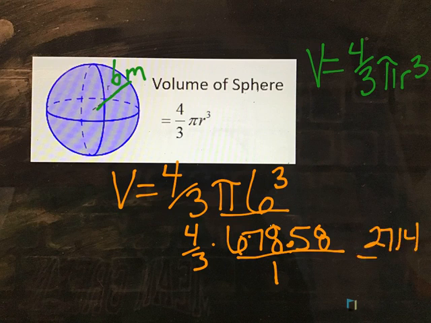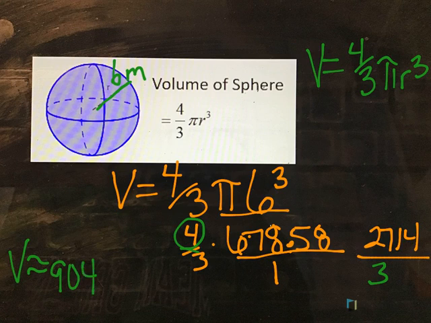I'm going to round right there. That takes care of the 4. But then I have to divide by 3. Divide by 3, and that gives me approximately 904.78 miles cubed. All right, so this one calculator definitely comes in handy.